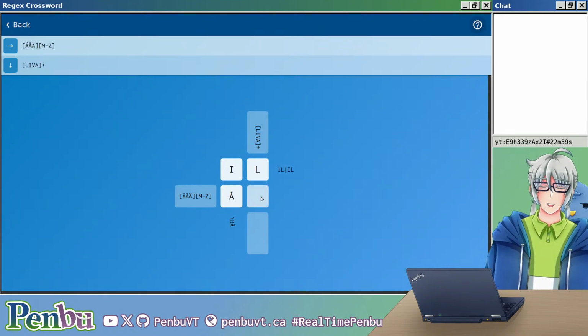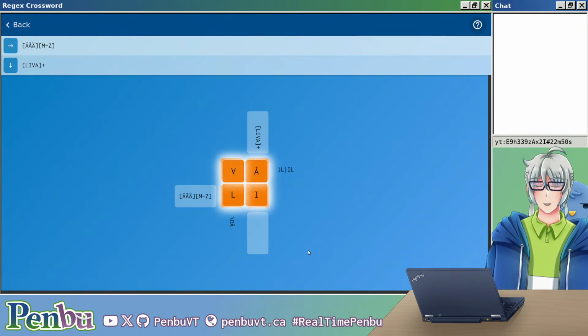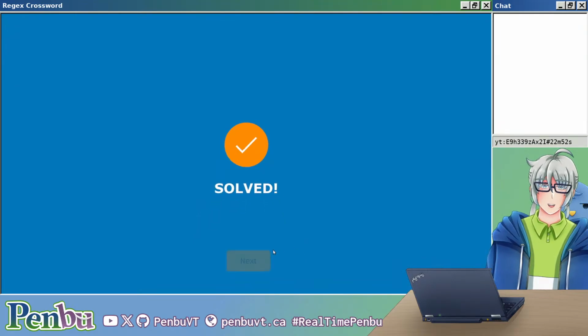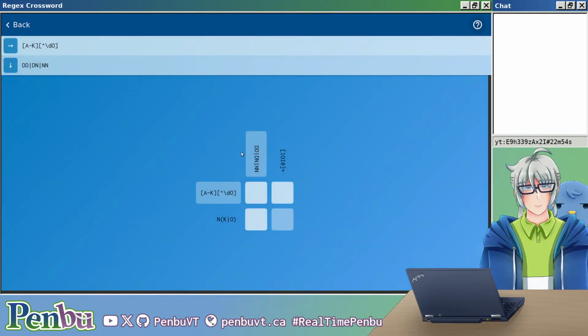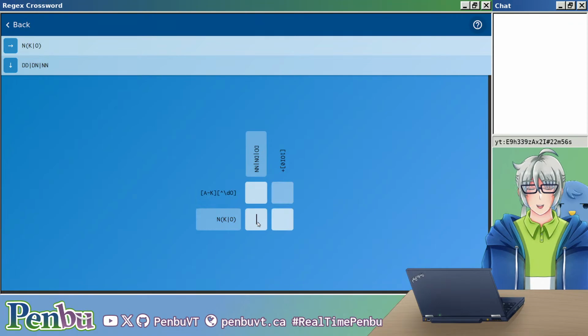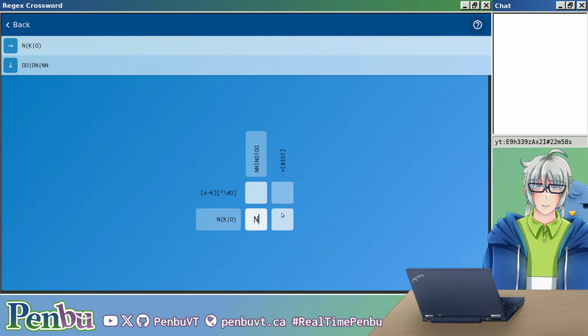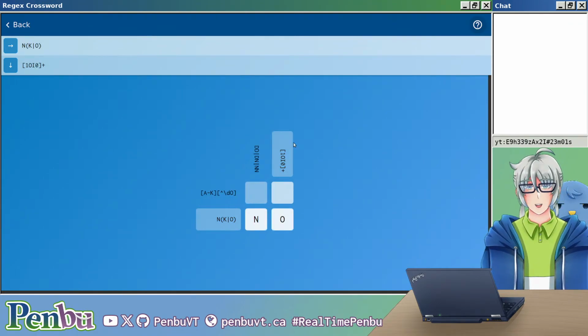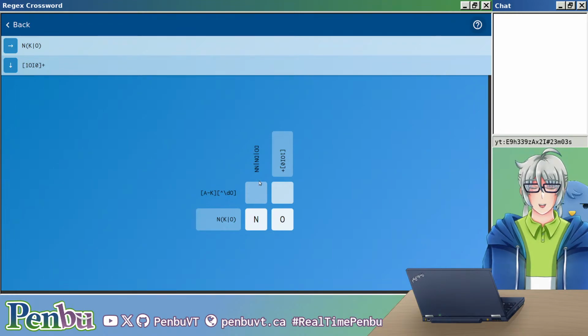And then this one is anything between M and Z out of the sets L, I, V, A. I believe the only one that satisfies that is a V. This is constant. The only overlap here is an O, given that.